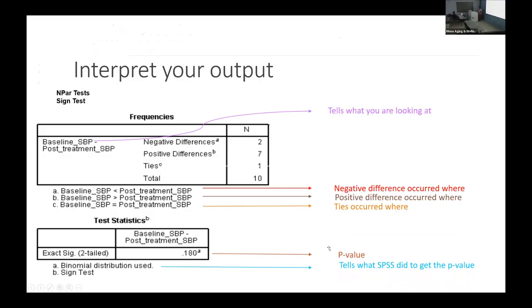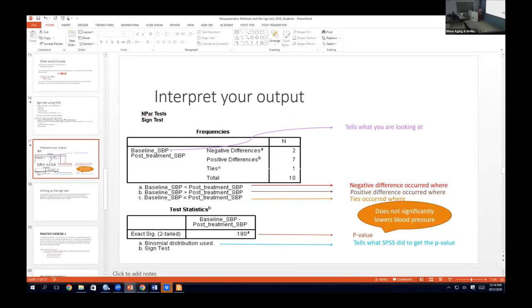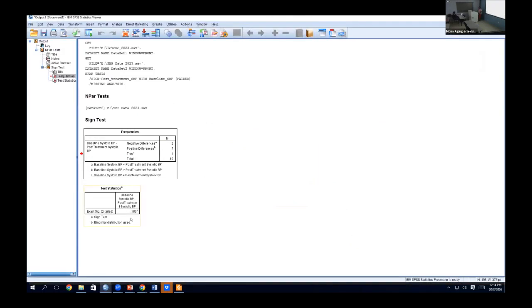So the p-value is 0.180. What did we get for our two-tail p-value? 0.1798.